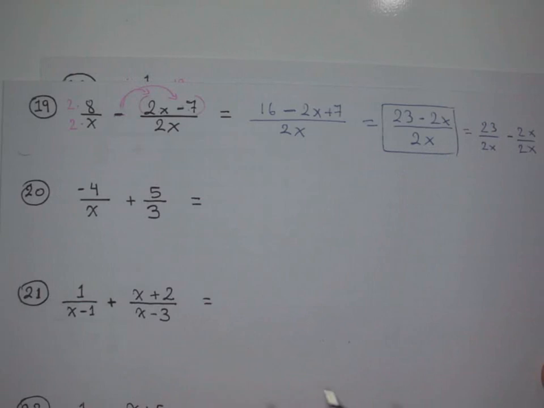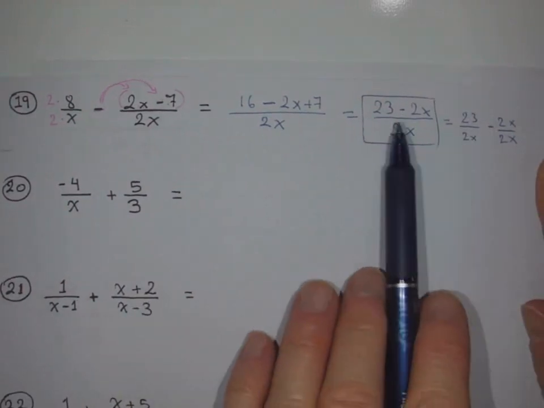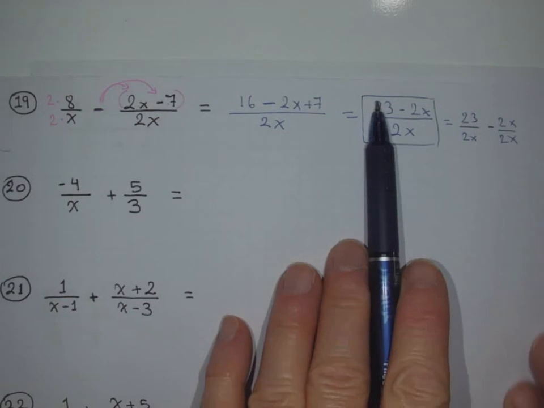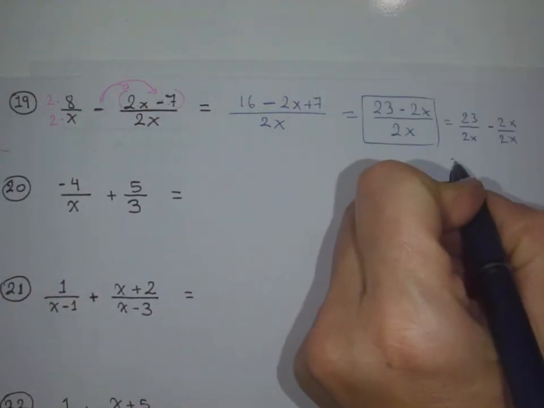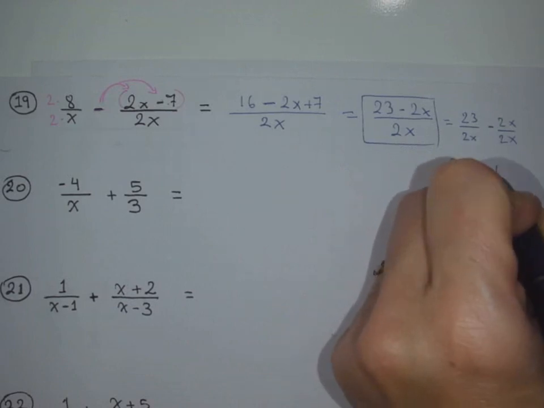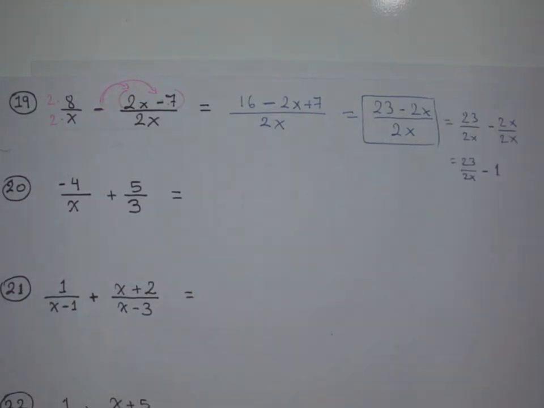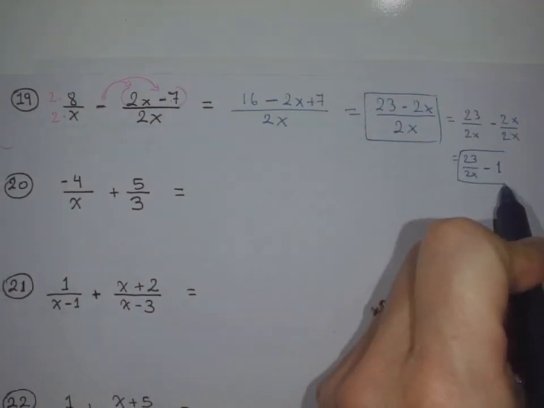I can split my denominator again between my two things in my numerator, but then that would just be 23 over 2x minus 1. But that's just as well here. But this would also be correct right there.